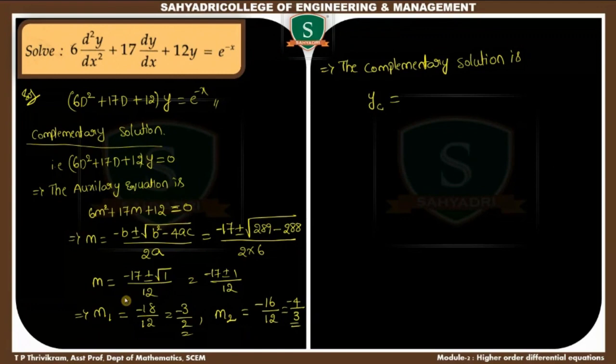Distinct. Real and distinct. So real and distinct means how to write the solution for it? C1 e power, that distinct root, so you'll get minus 3 by 2 x, plus c2 e power the other distinct root into x.